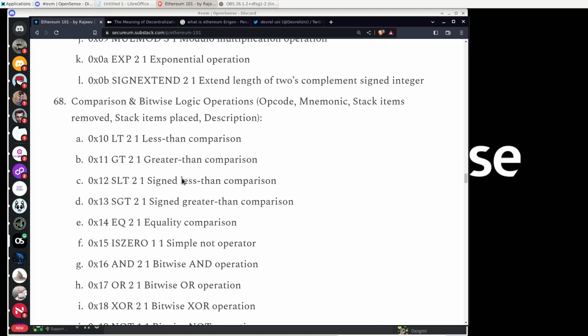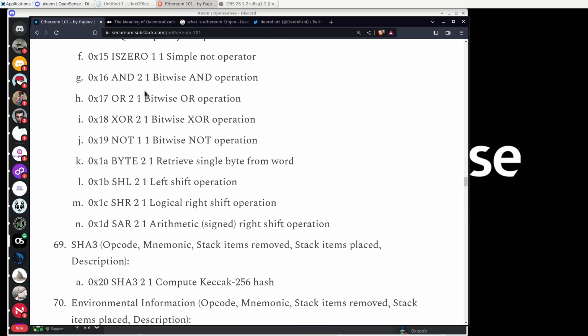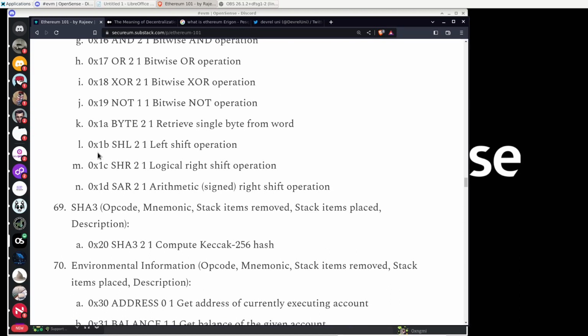So 0x12 less than, 0x13 greater than, 0x14 equality, 0x15 is zero, 0x16 bitwise AND, 0x17 bitwise OR, 0x18 bitwise XOR, 0x19 bitwise NOT, 0x1A retrieves a single byte from word, 0x1B left shift operation, 0x1C logical right shift operation, 0x1D arithmetic sign right shift operation.